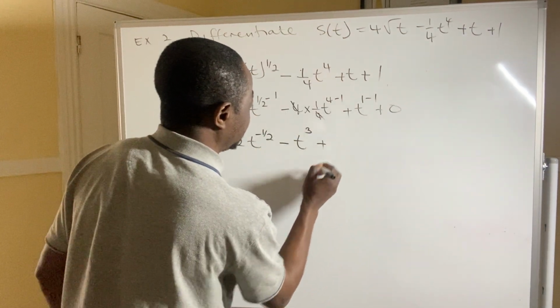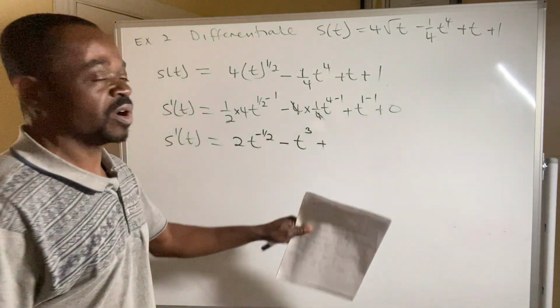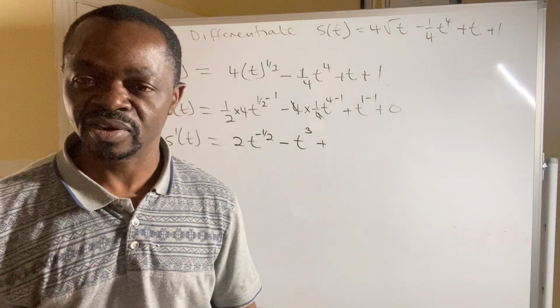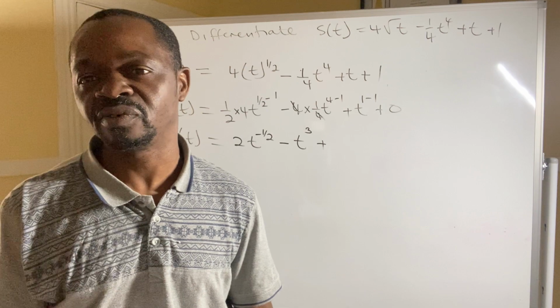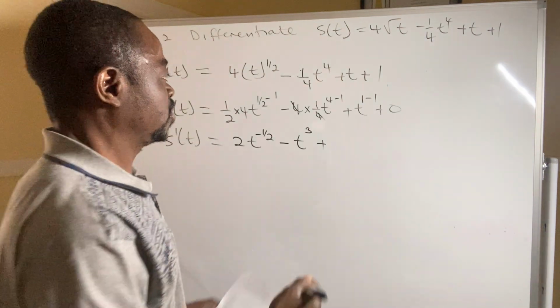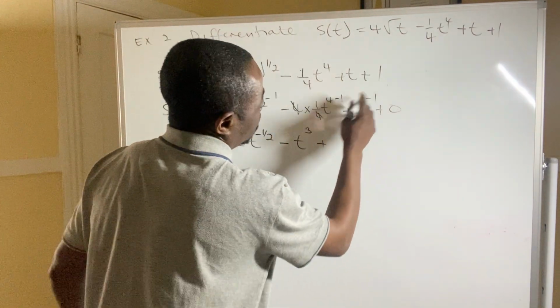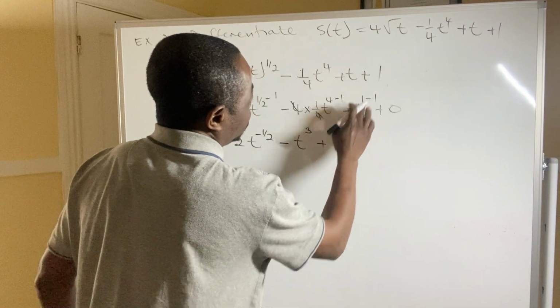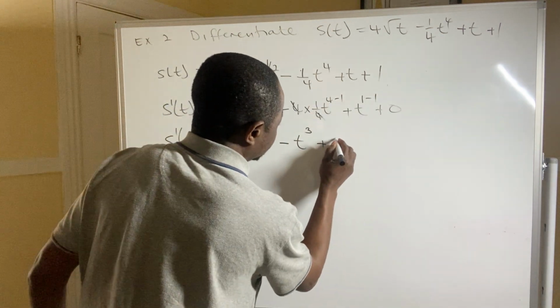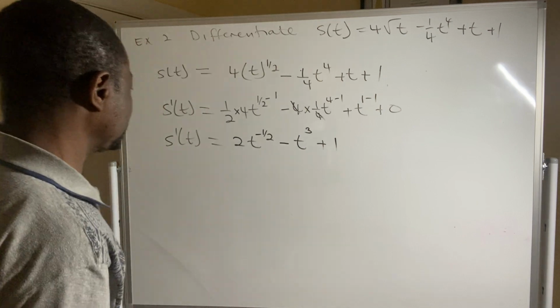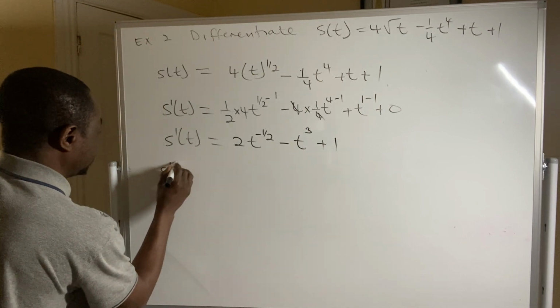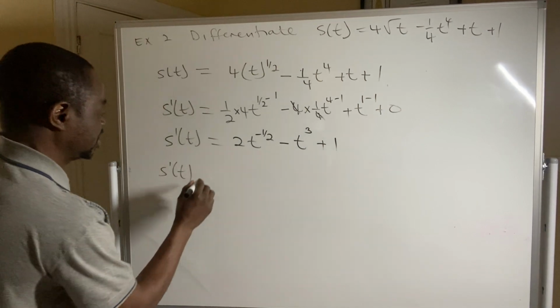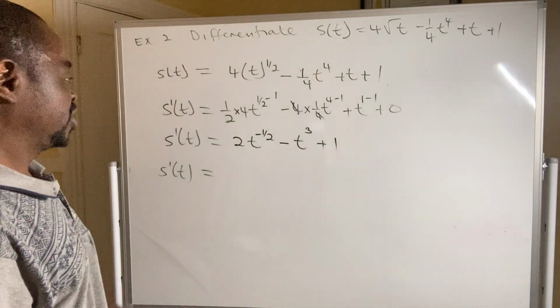And then this is plus t raised to the power 1 minus 1. t raised to the power 0 is 1. So you get a plus 1 here.